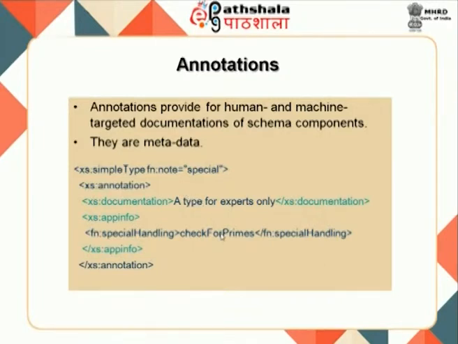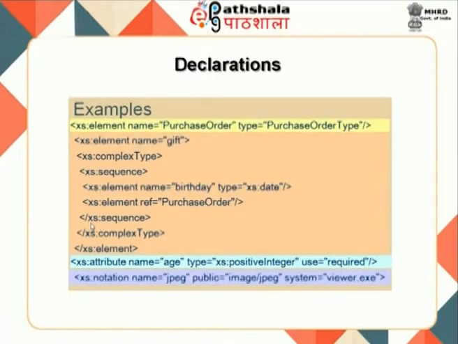Annotations normally provide human and machine targeted documentation; actually they provide metadata. So when you want to create an annotation, use the keyword annotation, and you say what the documentation and the application information are. These are the meta information you want to provide for the XML document.